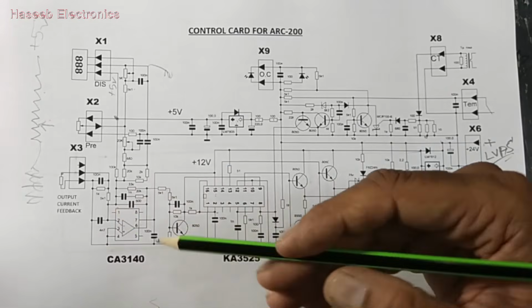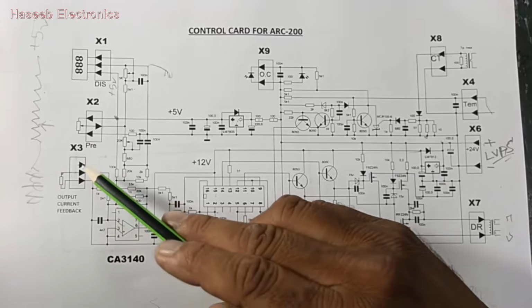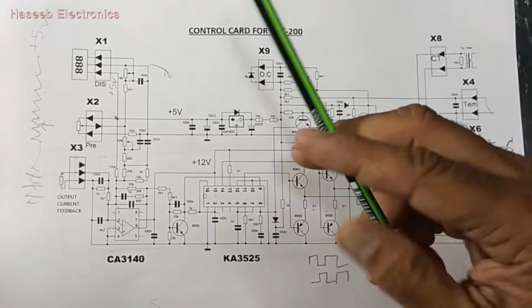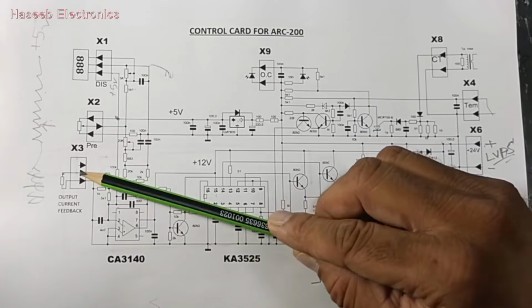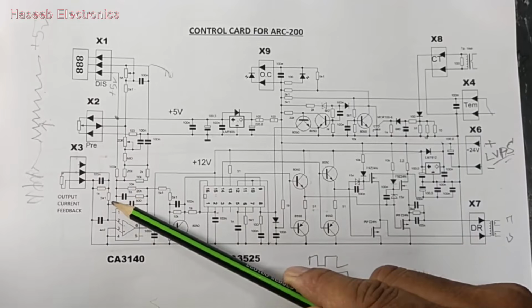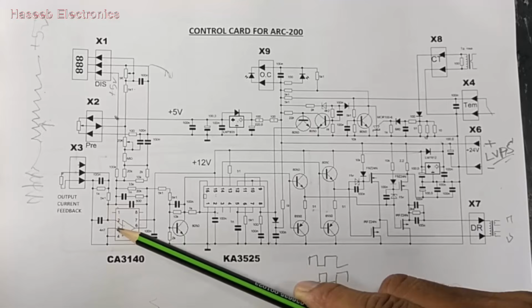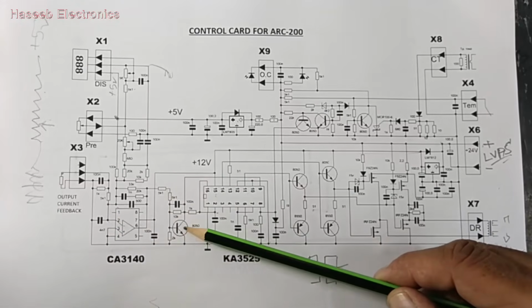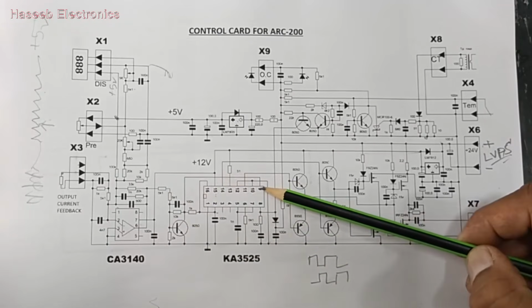So we need more current. So this IC will say there is a difference between the requirement and the output. How much current we need and how much current is flowing, it will adjust and it will amplify the difference on this node, on this pin, inverting amplifier pin, and it will adjust the biasing of this transistor and it will control the conduction and it will give a compensation voltage to pin number 9.